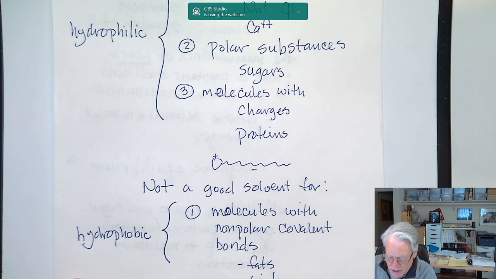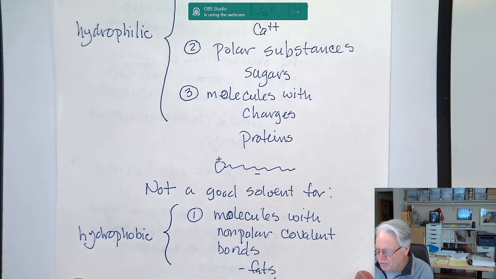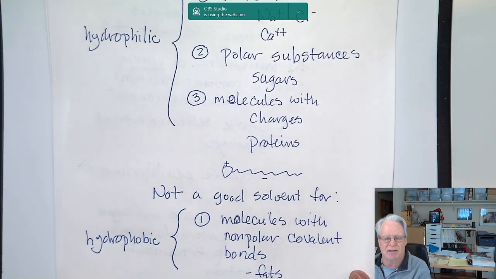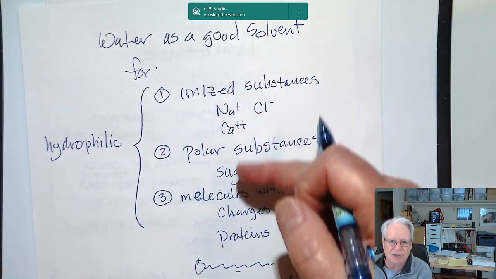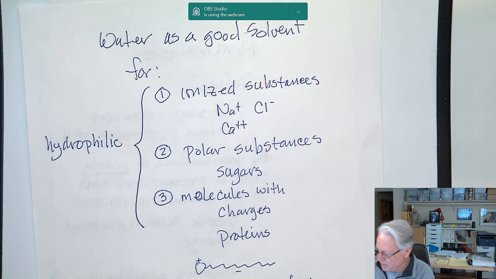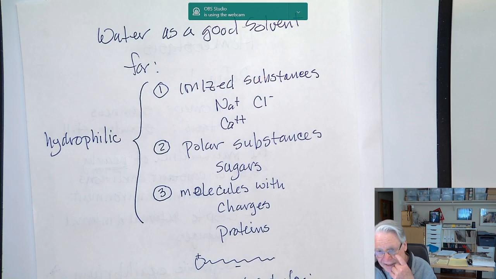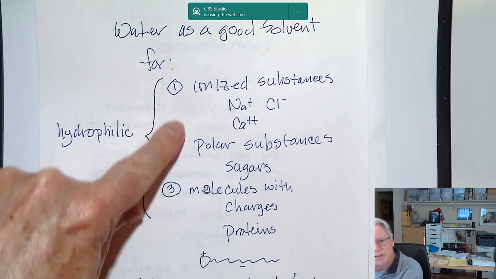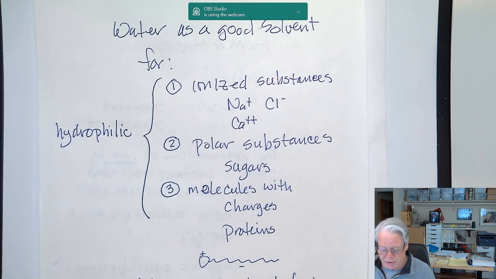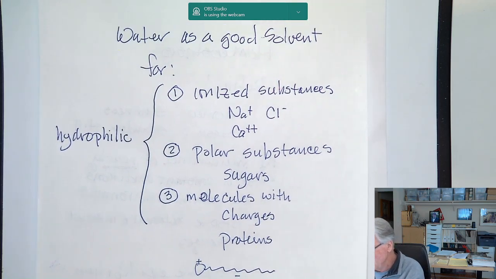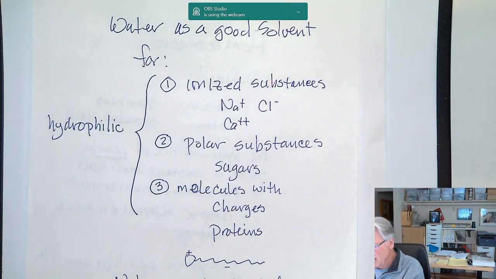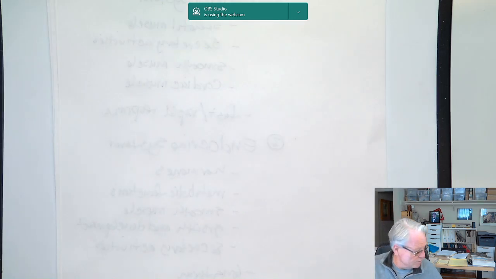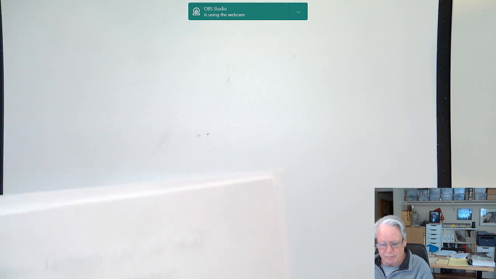All right, so water then becomes a good medium in which we can dissolve things. As long as they fit this description, they will dissolve in water. And so what kinds of things do we use or need in our body that fit this description? It turns out there's quite a few molecules. Let's take a very quick look at those types of molecules. Okay.